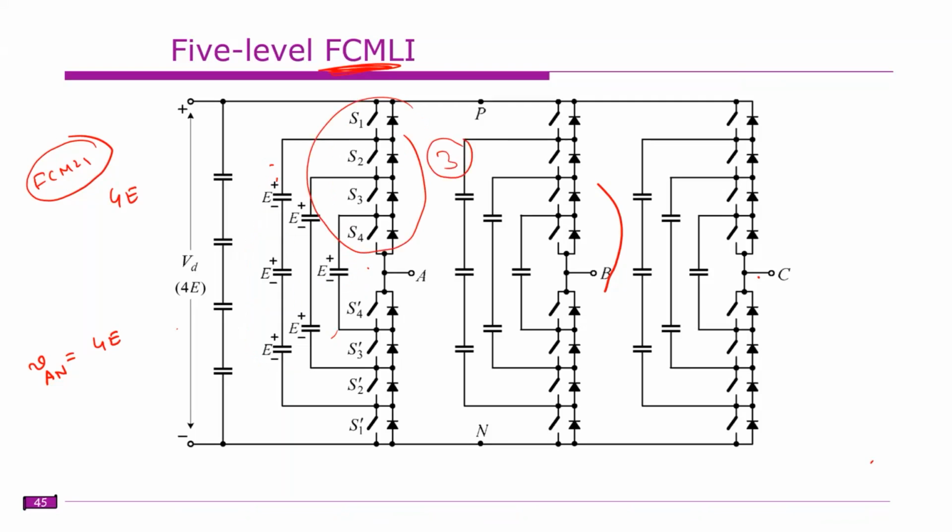If any three are on, you can get 3E voltage. If any two are on, among these four, you can get 2E voltage. If any one is on, you can get E voltage. If all are off, you can get 0 voltage. That's simple.